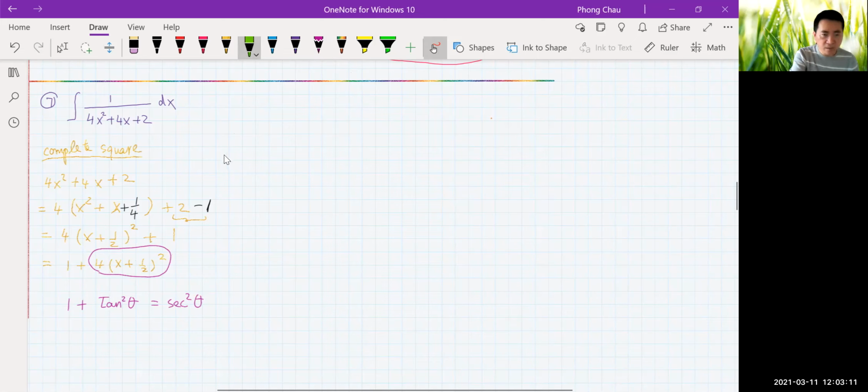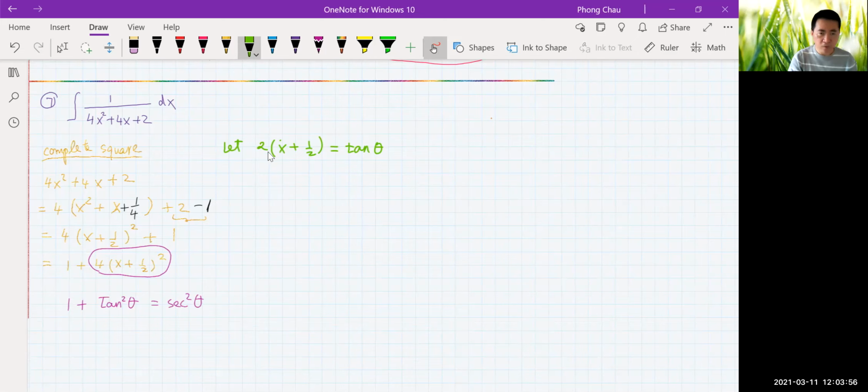So what I'm saying is, if you do the trig sub there, then the 2 times x plus 1/2 is tangent theta. It's tangent theta. You see that?